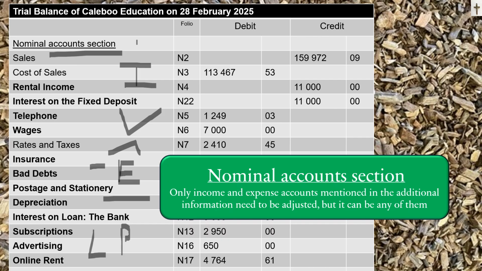So this is the nominal accounts section of the trial balance. And once again, all these accounts have debit and credit balances. You can see income accounts have credit balances. All your expenses have debit balances, because the accounting rules determine whether an account is debited or credited.